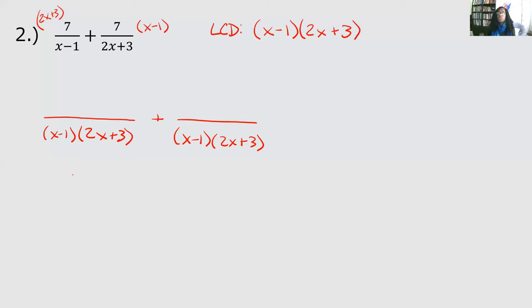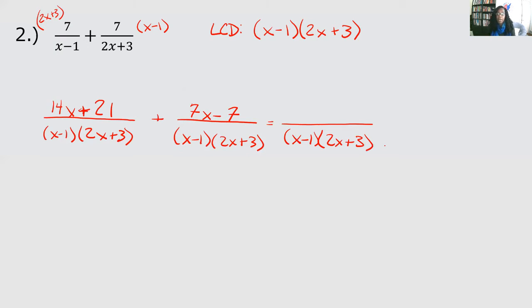So now, do the distributive property. So 7 times 2x gives me 14x, plus 7 times 3 gives me 21. Now for the other ratio, we got 7x minus 7. So since my denominator is exactly the same, I'm just going to bring it on over.